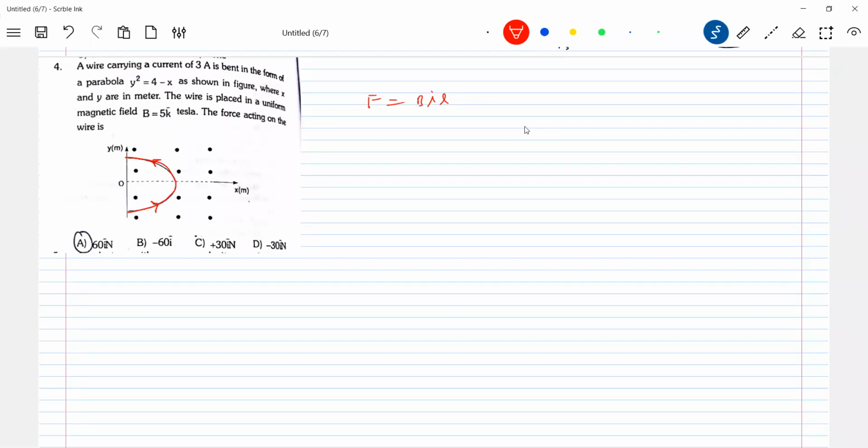So can you calculate the effective length? How to calculate effective length? It's a parabolic curve. What is the effective length? Yeah, 4 meter.